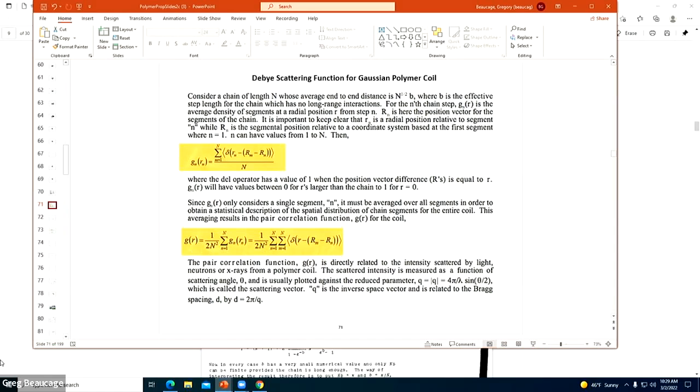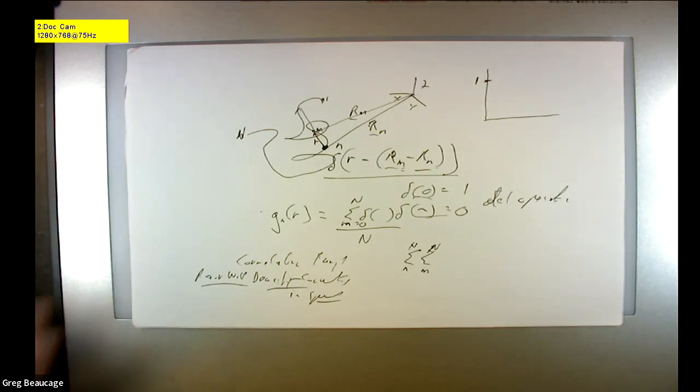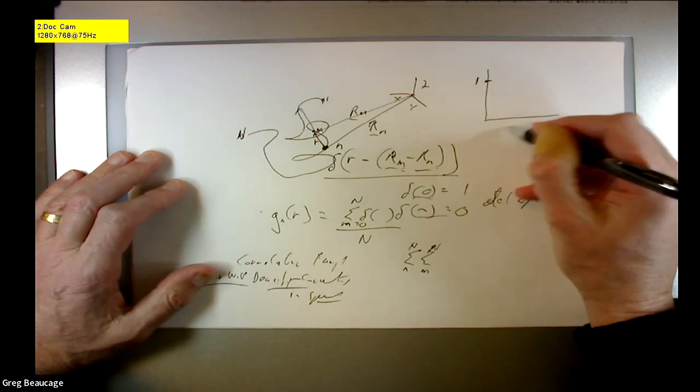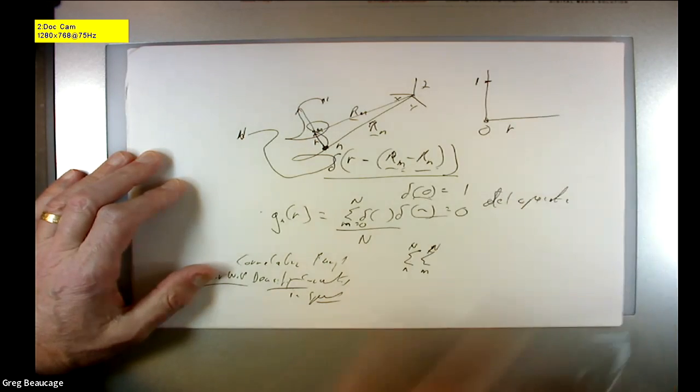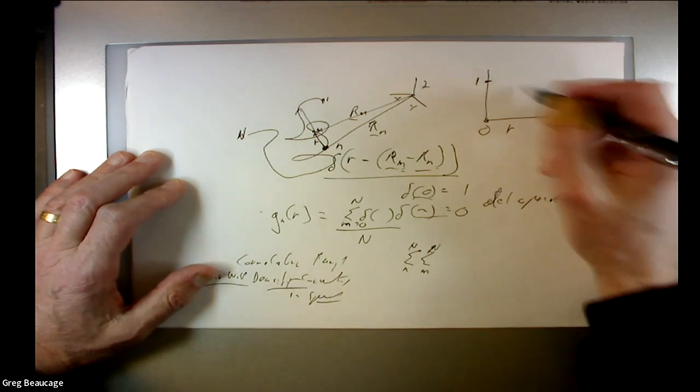As you go out to bigger distances r, it's going to be 1 when r is 0, so when n equals m. Then it's going to decay down.